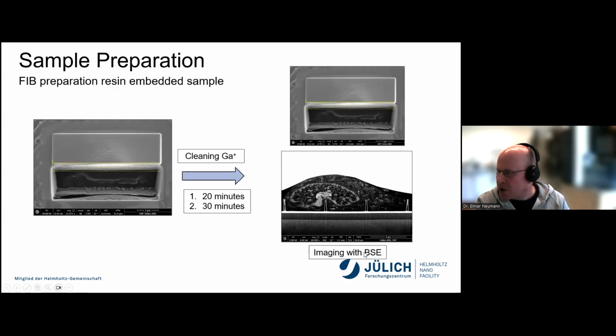After that, because we introduced heavy metals, we image with backscattered electrons in this case, because we would like to make use of the Z contrast.